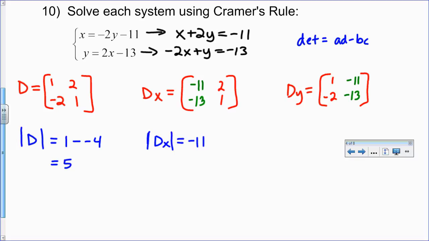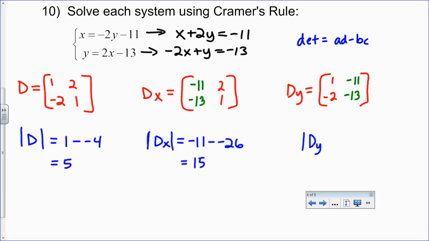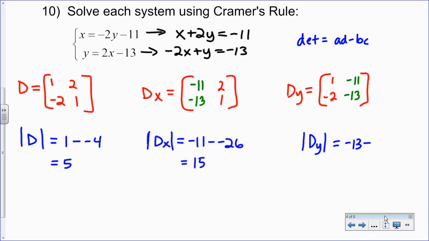That's -11 minus -26. That gives us 15. And then the determinant of dy is negative 13 minus negative 11 times negative 2, which is positive 22. So negative 13 minus 22, and that should be negative 35.